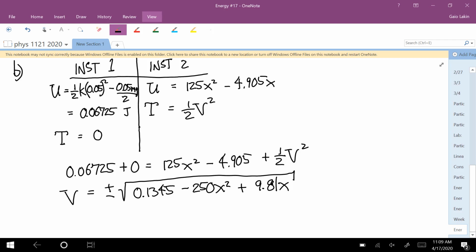So if you put in 0 for x, you'll get the speed when the spring is at its resting length. As the object moves through that resting position, that's the fastest it'll ever be going. And I guess the answer in that case would be the square root of 0.1345. Okay, so yes, that is a very hard problem, but that's how to do it.